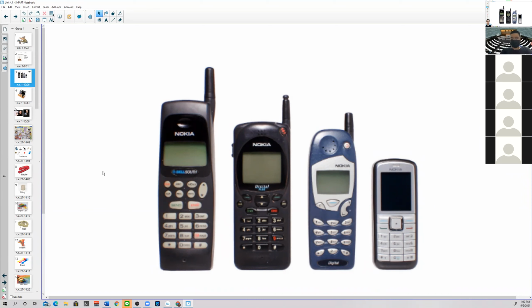This one is a very old cell phone, and very big, very heavy and very expensive. I think for their functions, they could not do anything except for just pressing the call and that's it. I don't think they have any applications in there. I'm not sure if they can send, yeah, they can send messages.